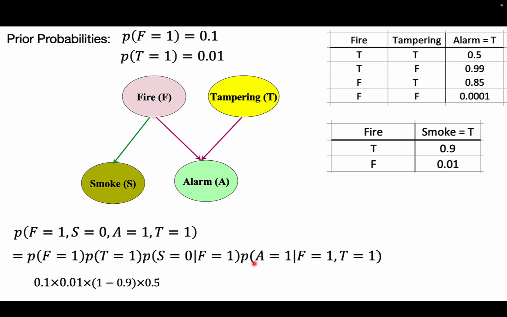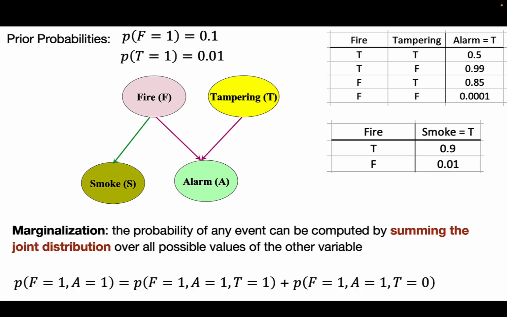We write the expression and start to work our way to find the probabilities. So the probability of fire equals true. Since fire is an independent variable, we have a prior probability. Similarly, with the probability of tampering equals true, we need a prior probability. But for those conditional probabilities, we should be able to look them up from the probability tables.